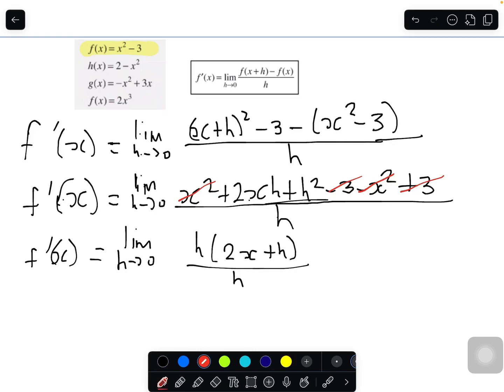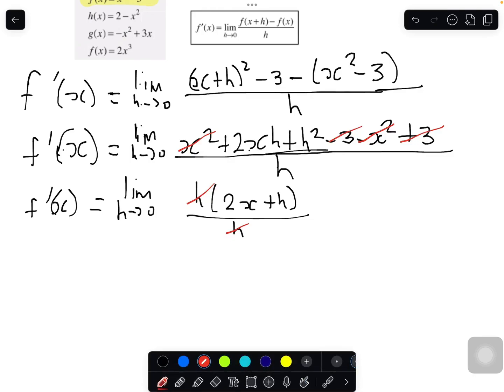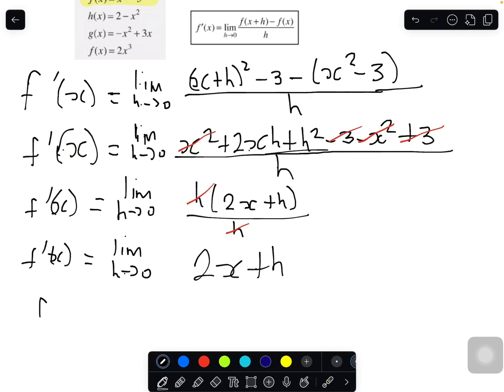Okay, so then this h will cancel over this h, and then now I'm left with the first derivative as the limit as h approaches 0 of 2x plus h. I can now apply my limit, and applying my limit just means I'm going to substitute 0 in where h is. So it'll be 2x plus 0, which will just be 2x.